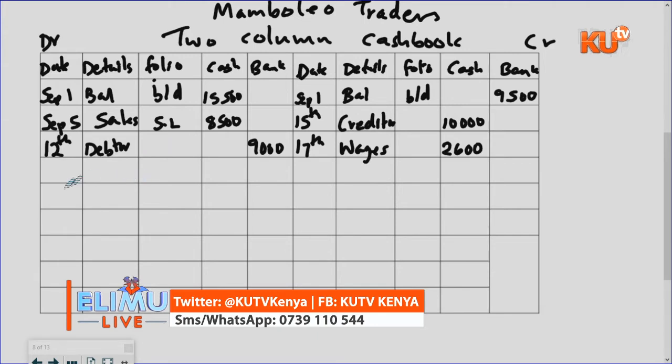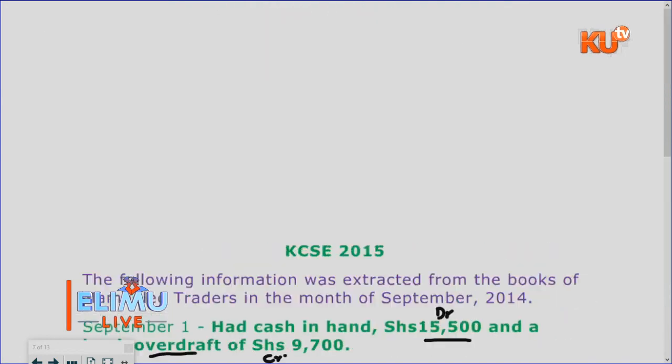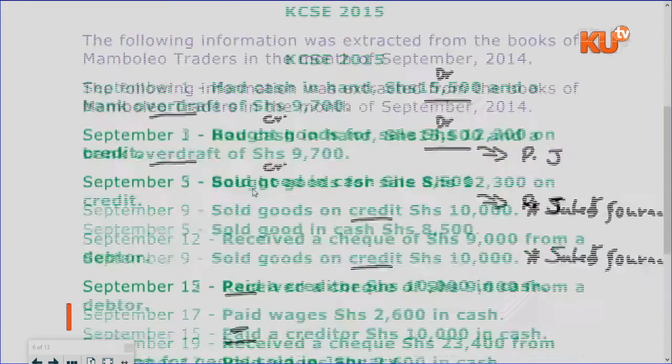The transaction was done on 19th September. It is received from Samson, and so that is a check of how much? A check of 23,400. Good. Let's go back again and finish up now the transactions.